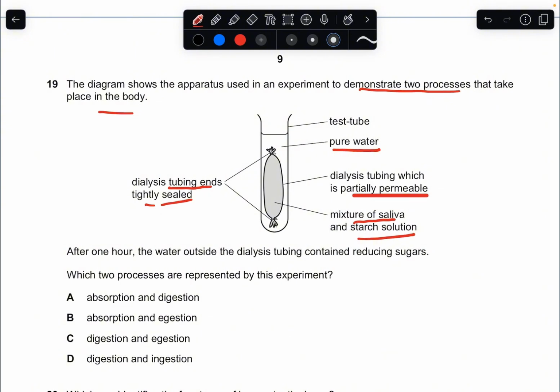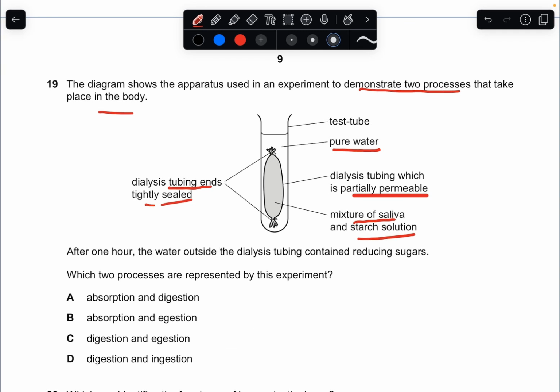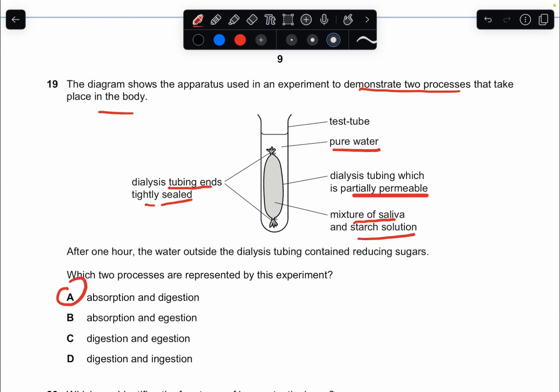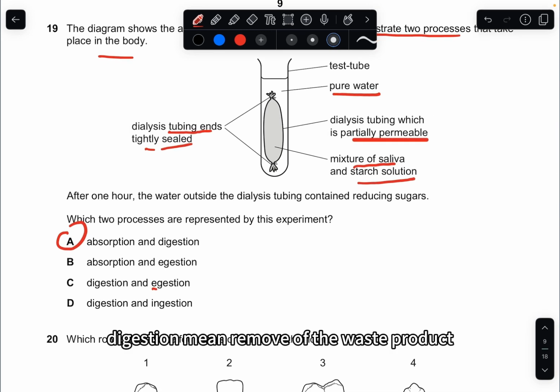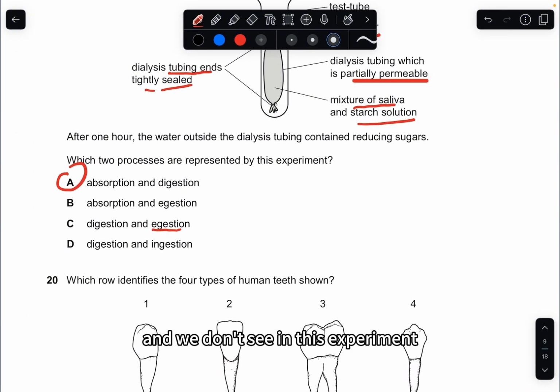So the two processes represented by this experiment are digestion, because of the amylase enzyme, and absorption, because of the partially permeable membrane. Digestion does not mean removal of waste products, and we don't see that in this experiment.